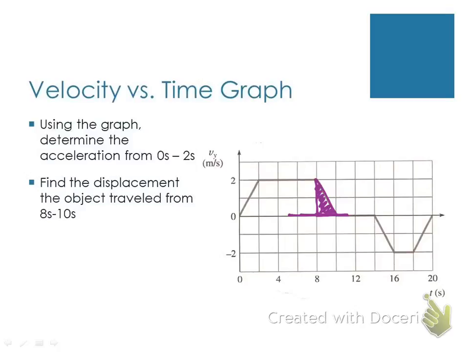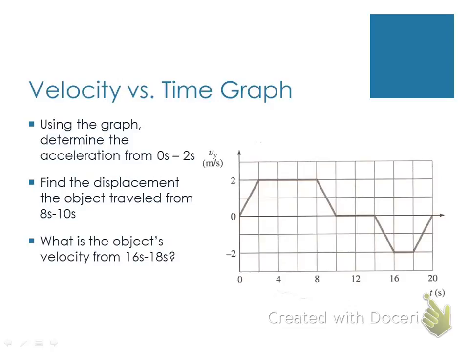Yes. How do we know we're still moving forward? Good. It's above the x-axis still. We're just getting slower, exactly. We're approaching 0 velocity, which means we have the brakes on. So 2 times 2 over 2, which is 2 meters.